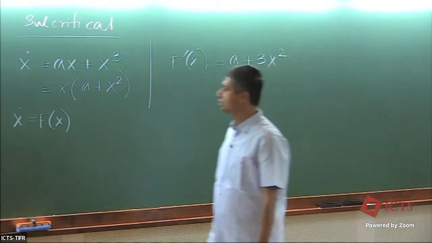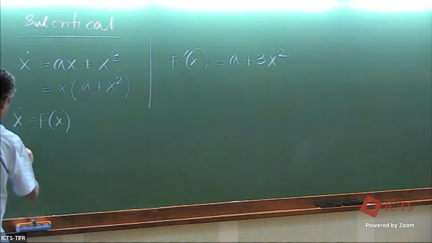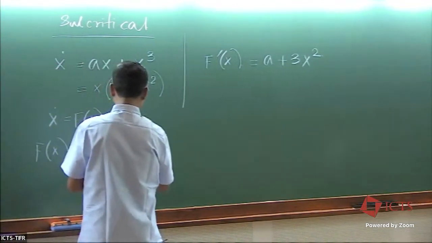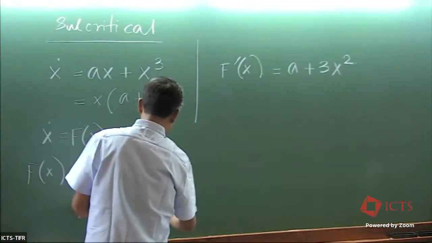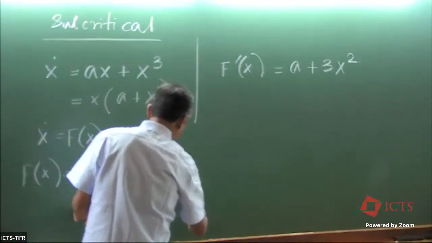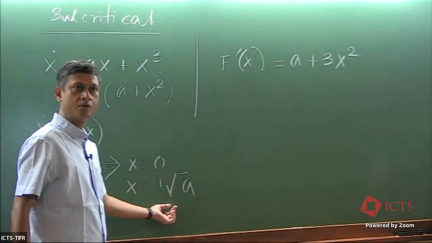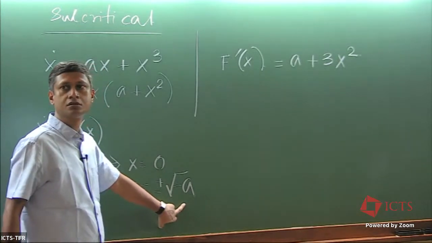So now the equilibrium points are x equals 0, and x equals plus minus root over minus a, right? Plus minus root over minus a. So this will only exist when a is negative.